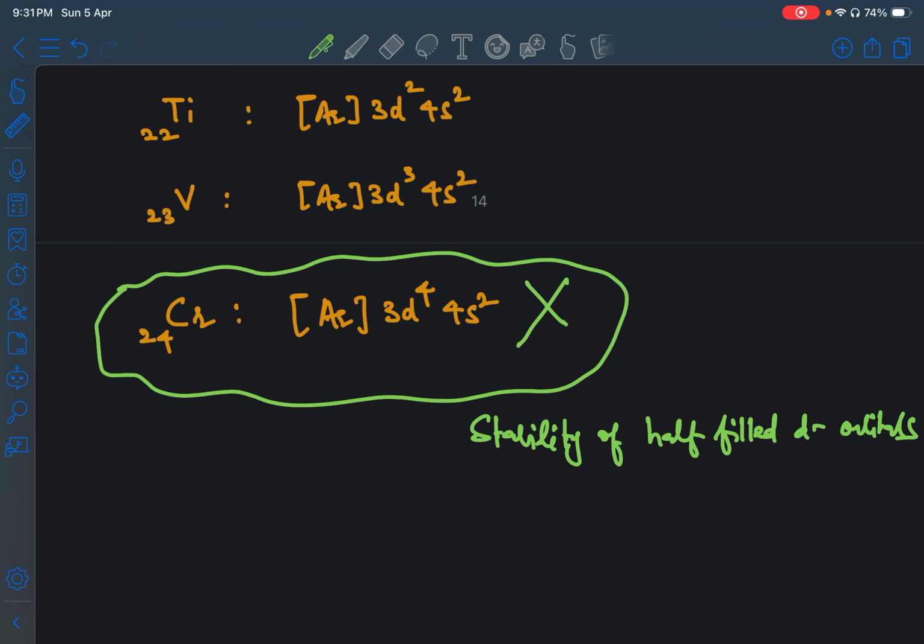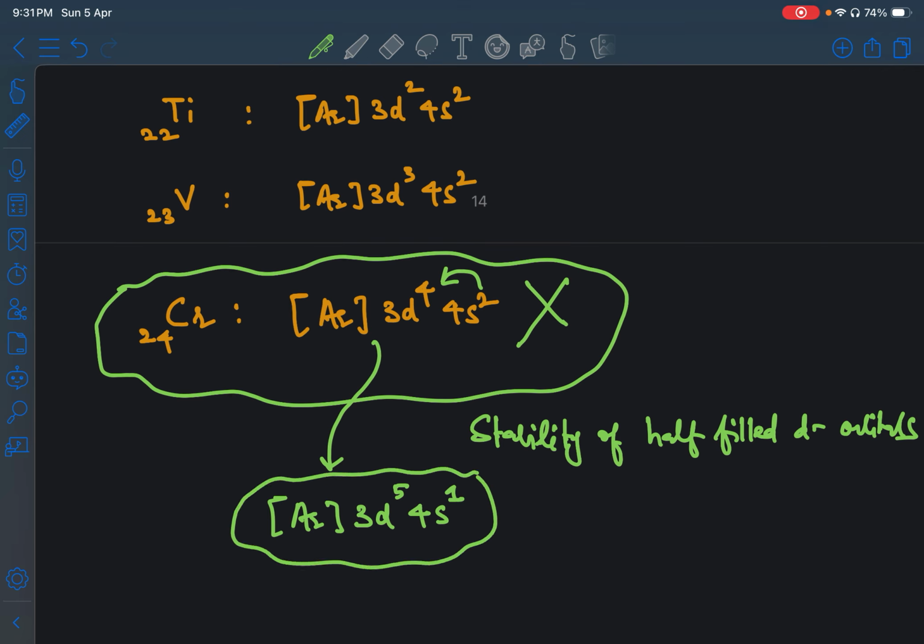It simply accepts the electron from 4s, and the corrected configuration is argon, 3d5 and 4s1. This is a very, very important example. This shows us that chromium has deviated from its normal trend. The normal trend deviates whenever we have a stability pattern of half-filled and fully filled configurations.